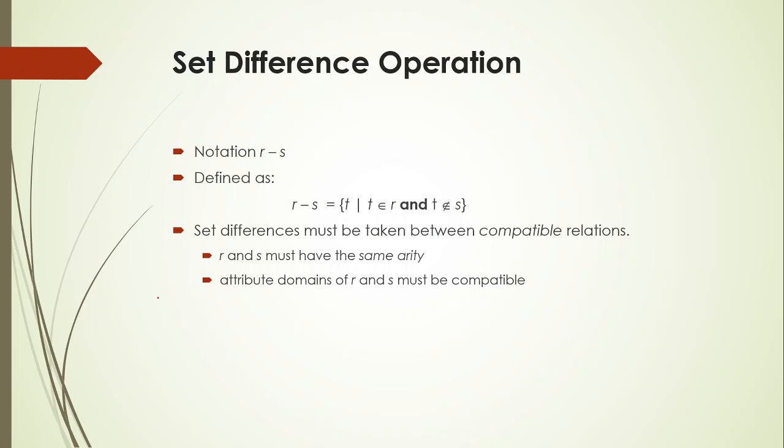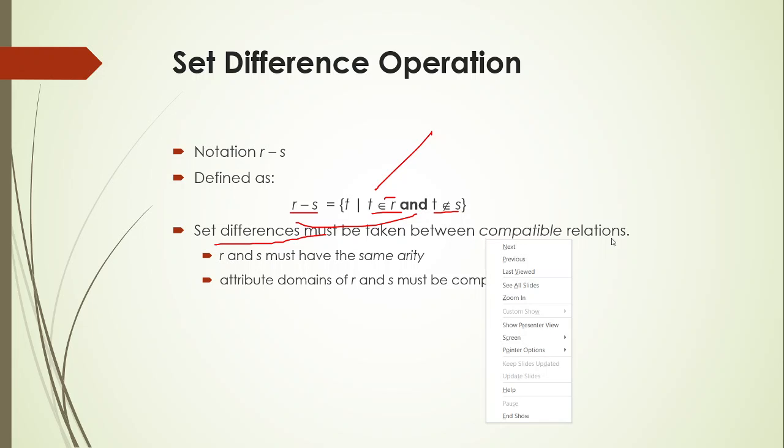The formal definition of set difference operation is: R minus S is equal to T such that T belongs to R and T doesn't belong to S, where T is a tuple or a row. So any row that belongs to R but doesn't belong to S becomes a part of R minus S. Also, set difference operations must be taken between compatible relations.